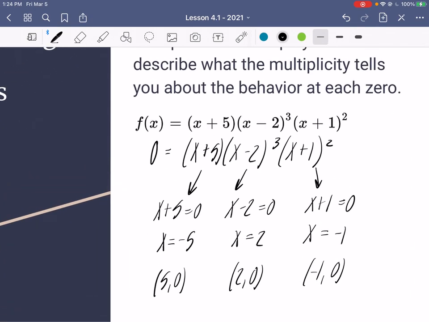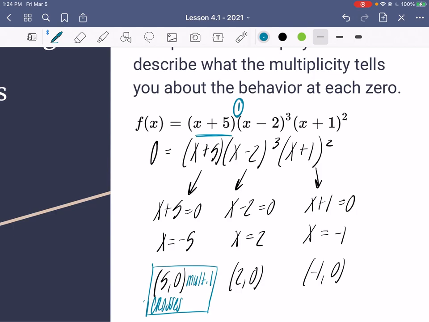However, we have to take a look at the multiplicity. We said multiplicity is the exponent attached to that factor. So if I look here at x plus 5, I don't see an exponent. But since it's just here once, that's going to be an exponent of 1. So (-5, 0) has a multiplicity of 1, which means, as we just said on the previous page, it crosses straight through that x-intercept.